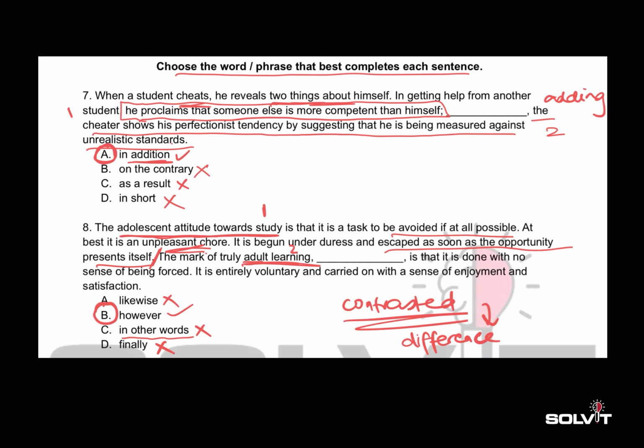So similarly for these types of questions, I suggest you read the entire passage, whether it's one sentence, two sentences, or a whole passage, because that's when you get the proper idea of what the passage is talking about. Then you're more likely to choose the correct option, because if you just read it sentence by sentence and start solving it, it's very likely that you will choose the incorrect answer.